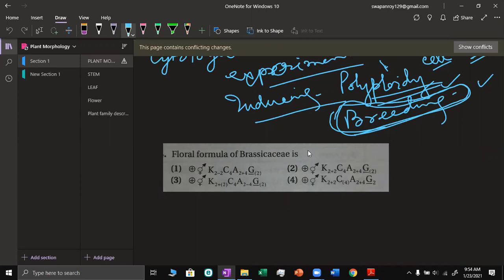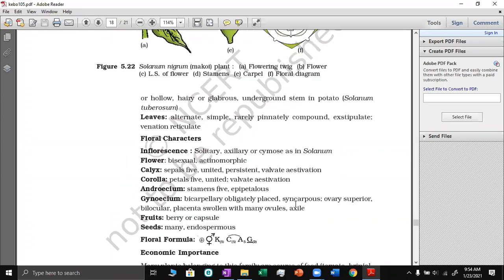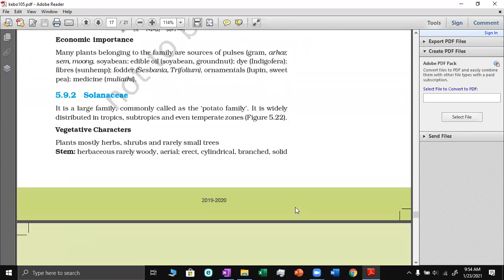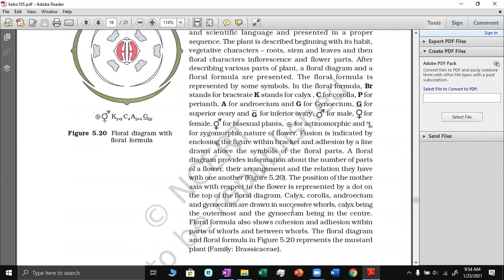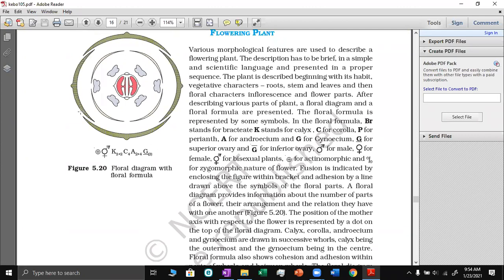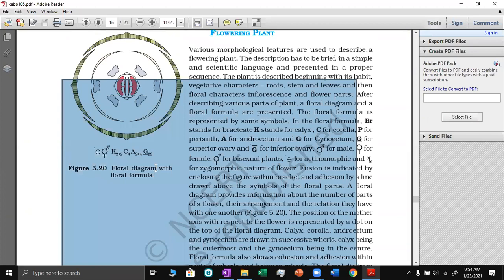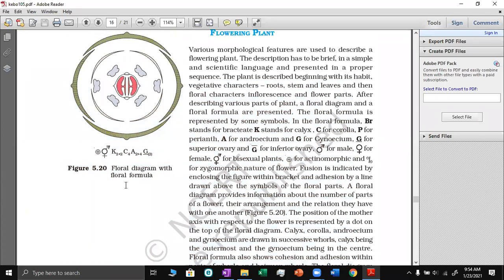Which one is the floral formula of Brassicaceae? You have seen that in the Brassicaceae it is given, no? Brassicaceae family description has not been given, but here this is the floral diagram and this is the floral formula of Brassicaceae, mustard.